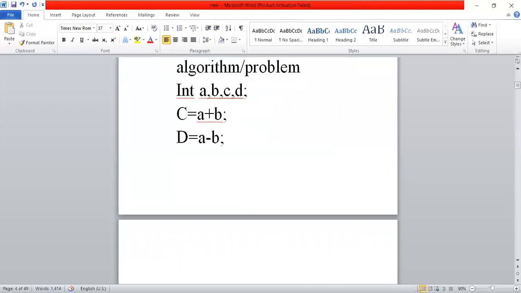In a previous video, I explained the introduction to algorithms, but I forgot to tell the definition of an algorithm in a very easy manner. I have already given some definitions: a step-by-step procedure for solving the problem, a sequence of statements required to solve the problem, or a group of instructions required to solve the problem.